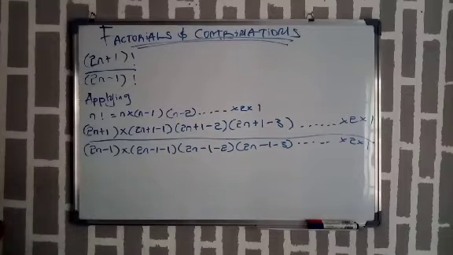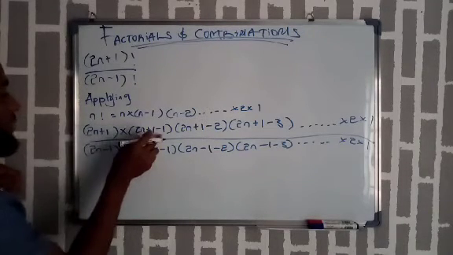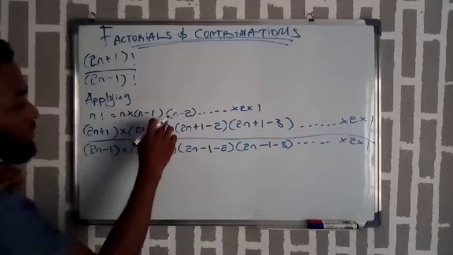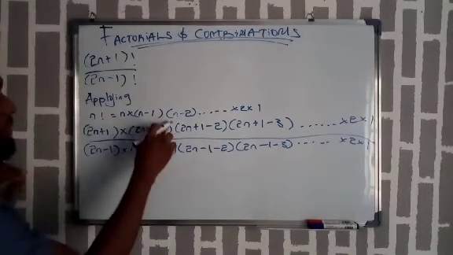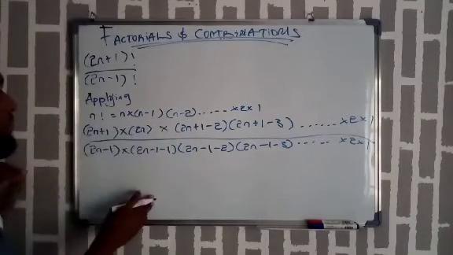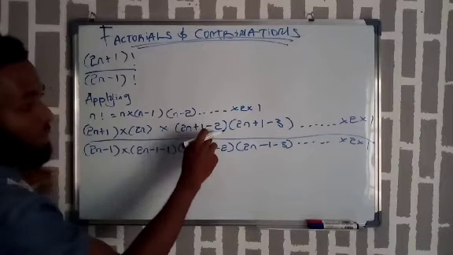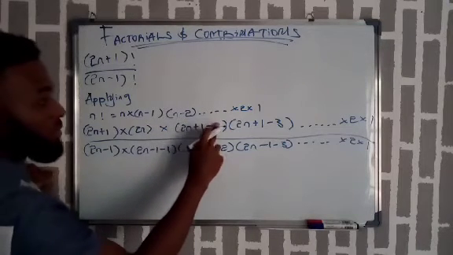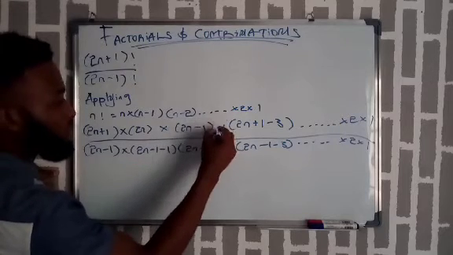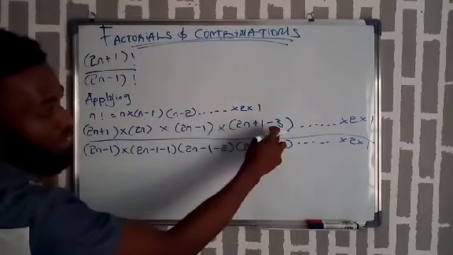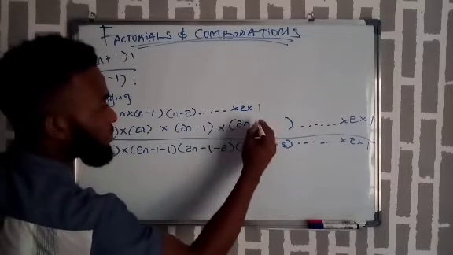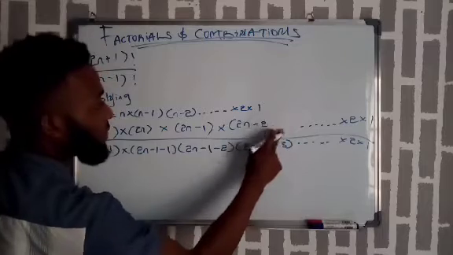Now plus 1 minus 1 gives you 0, so all of this becomes 2n. Plus 1 minus 2 becomes minus 1, so the whole of this gives us 2n minus 1. Plus 1 minus 3 gives us minus 2, so the whole of that becomes 2n minus 2.